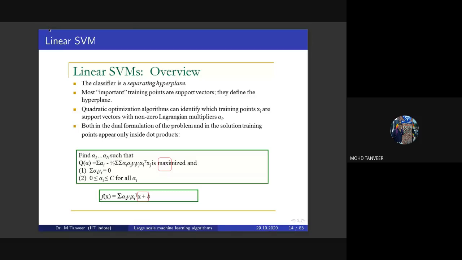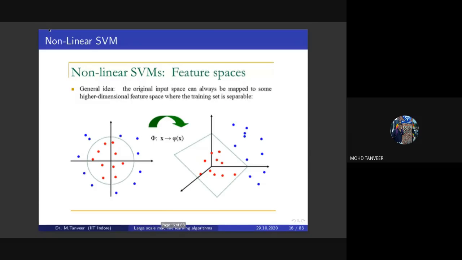These are also nothing but a real number, an inner product, right? When a real number is coming, we do not need to know the nature of phi. This is the advantage: we are working in a very high dimensional space, but kind of linearly.